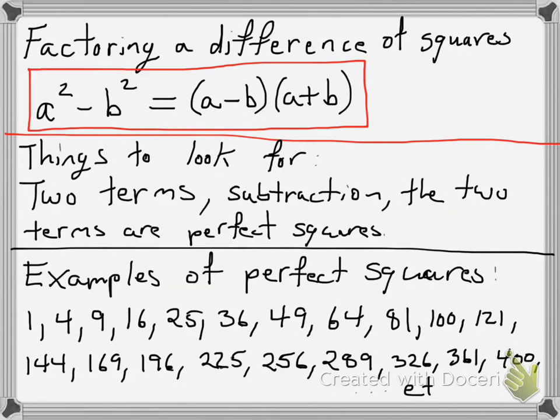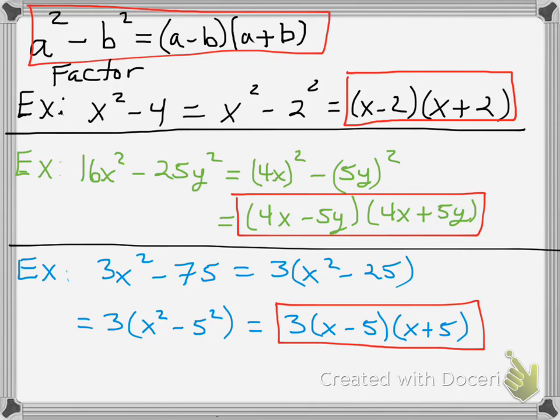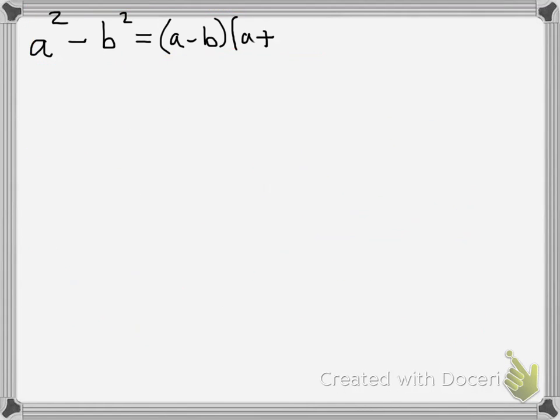Okay. And the nice thing is there are infinitely many of these things. So moving on, we will go ahead and rewrite the difference of squares formula, just so it's up on the screen for our reference.